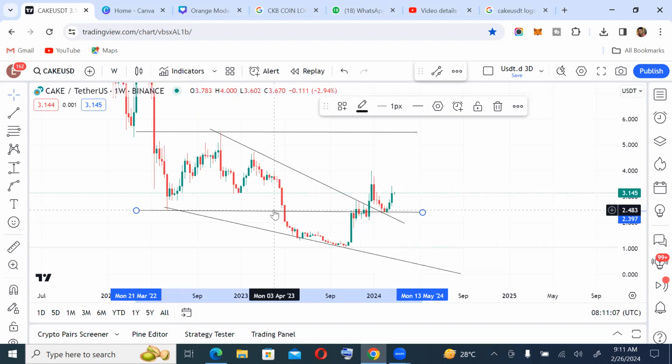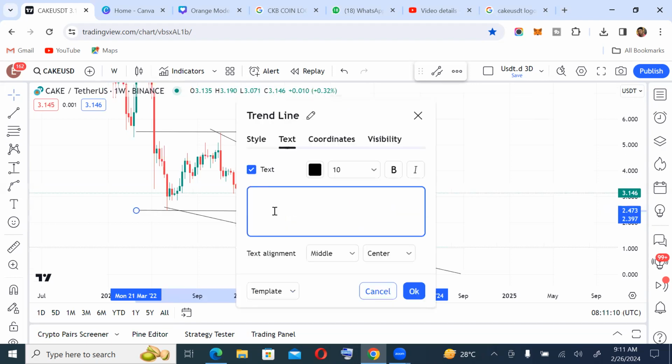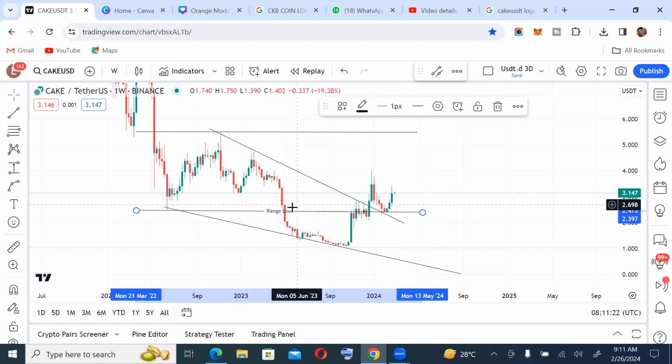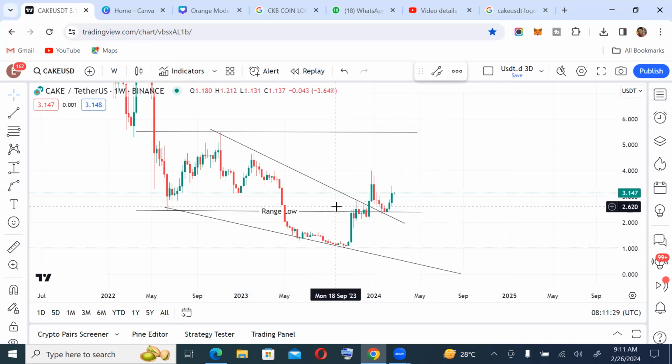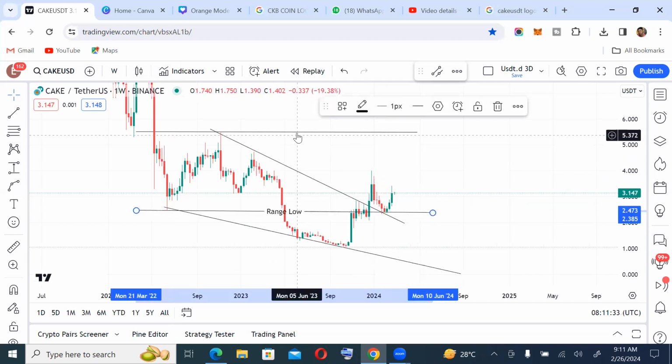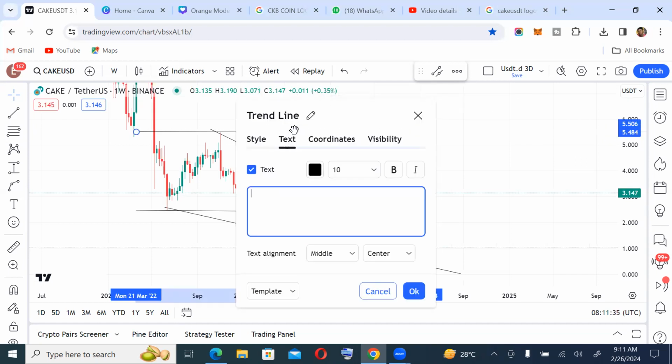Let me just identify this. So our range low, our range high.